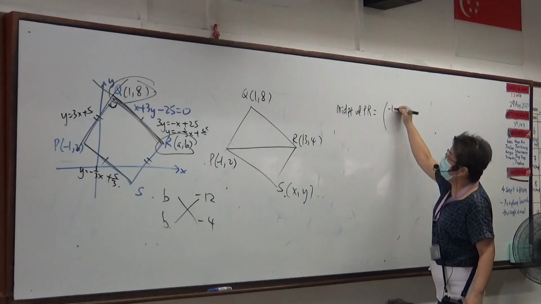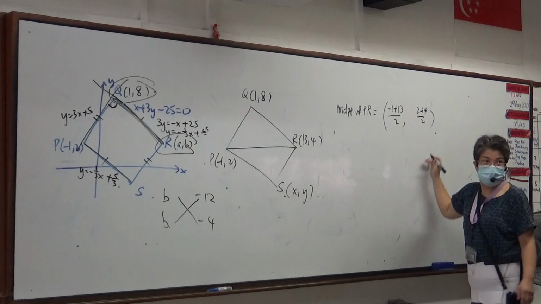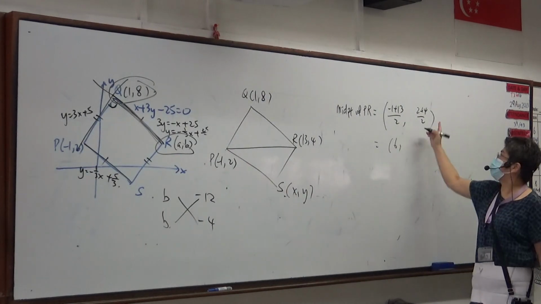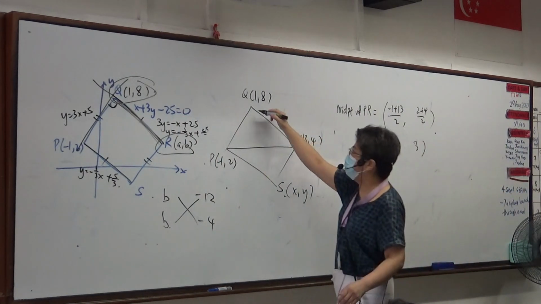It will be (negative 1 plus 13) over 2, (2 plus 4) over 2, right? Remember I gave you the formula? 12 over 2 is what? 6. What is this? 3, right? Midpoint is (6, 3).